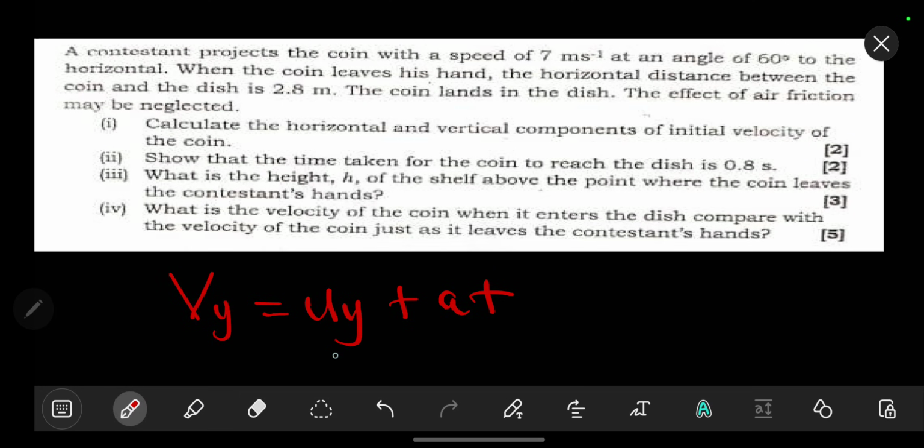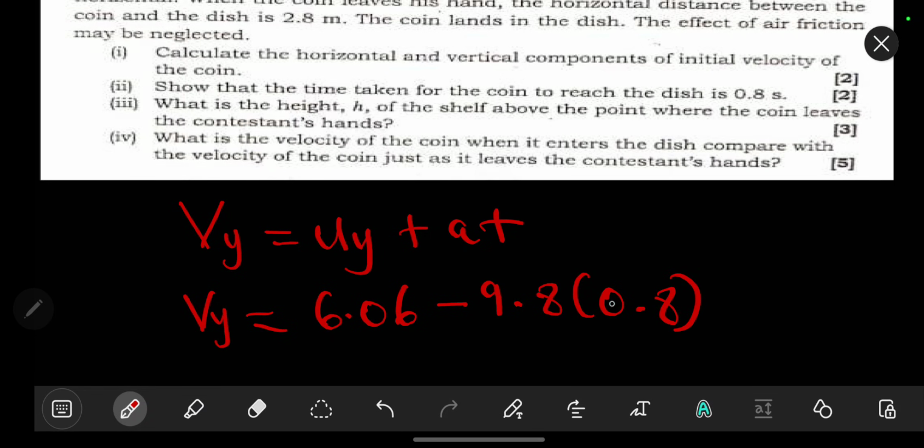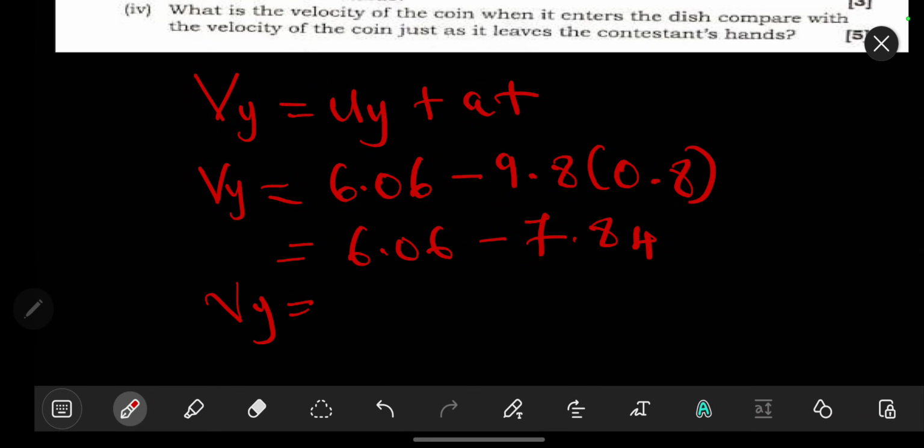So Vy is 6.06 minus 9.8 times the flight time of 0.8. We multiply 9.8 by 0.8 to get 7.84. So when we subtract, Vy is negative 1.78. It's negative, meaning it started to go down before it struck the dish.